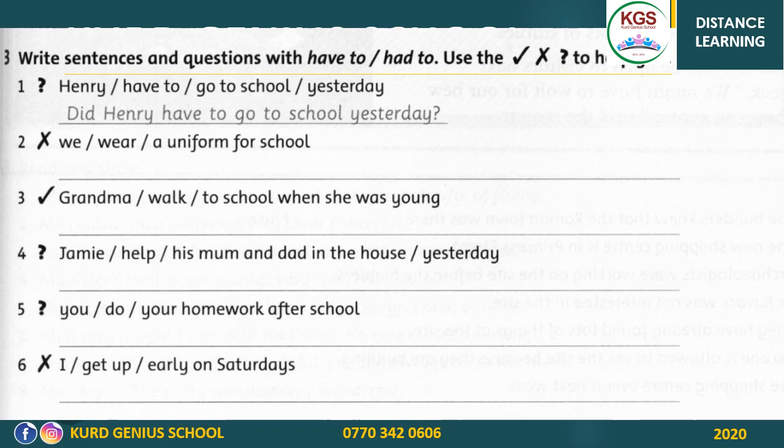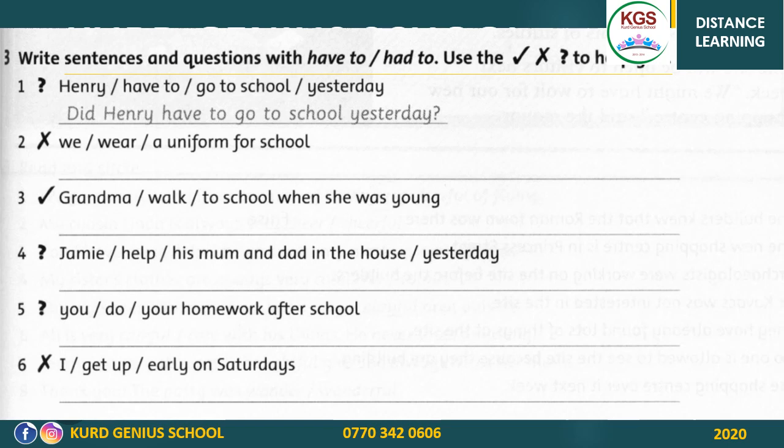So number 1, you can see the mark. It's a question mark. So before I solve anything, I know that this sentence is going to be a question. Now let's see the information. We have Henry have to go to school yesterday. The solution says, did Henry have to go to school yesterday?